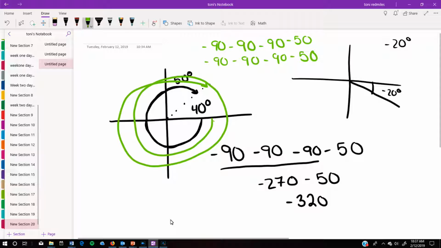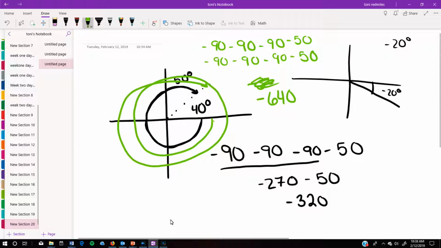Okay, so it's like subtracting the whole thing twice. Okay, so I believe, if I'm correct, that's going to be 640. Negative 640 would be the next negative coterminal angle. Same initial side, same terminal side. That's all you have to be coterminal.